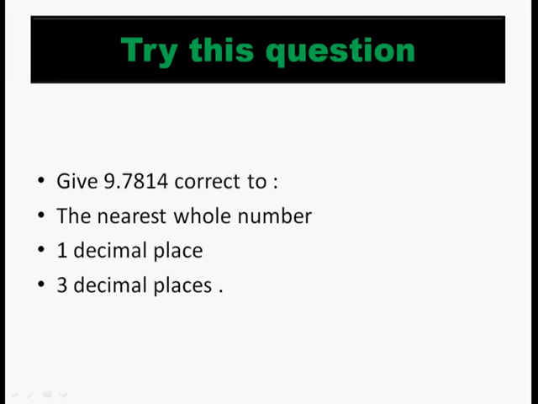Try this question. Give 9.7814 correct to 1. The nearest whole number, 2. 1 decimal place, and 3 decimal places. Pause your video now and try this question.